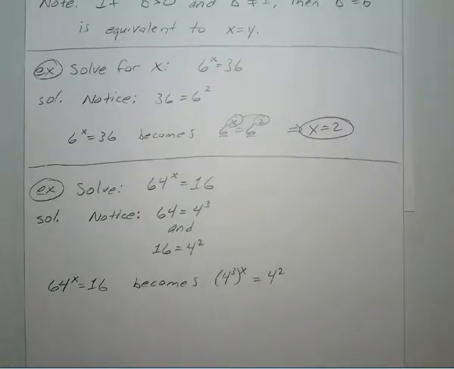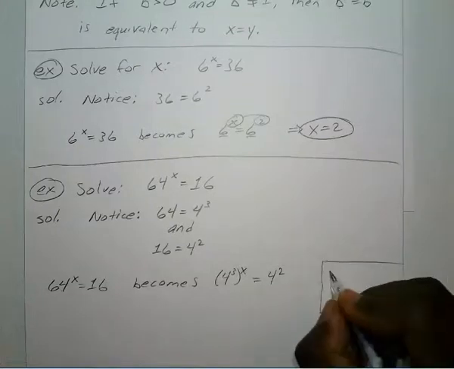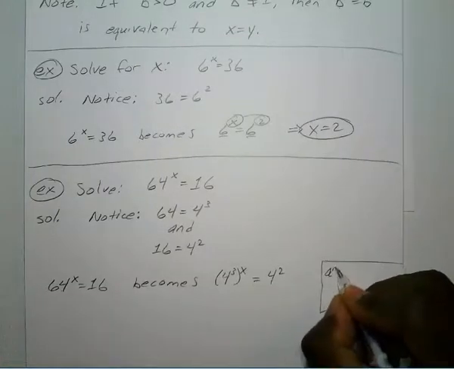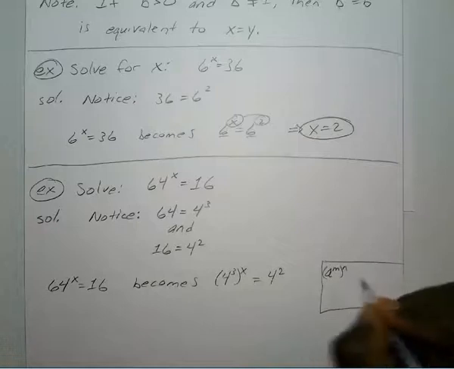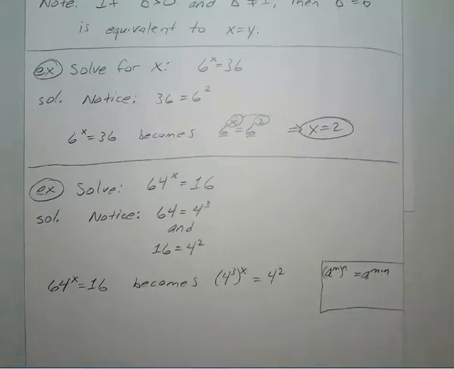Now we go back to our rules of exponents: a to the power of m, raised to the power of n, is equal to a to the m times n. So we just multiply our 3 and our x. So you have 4 to the power of 3x equals 4 squared.